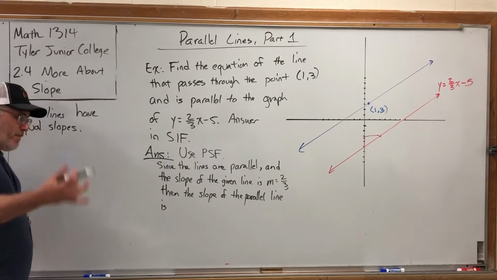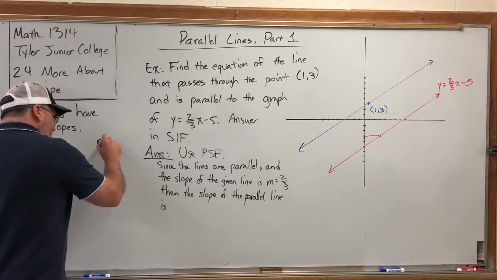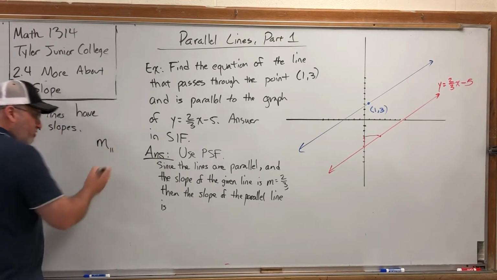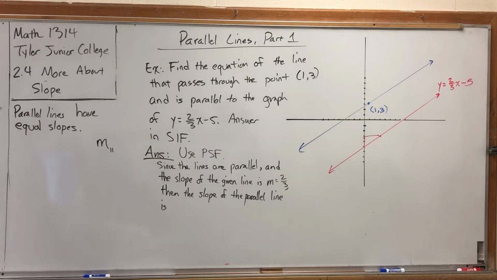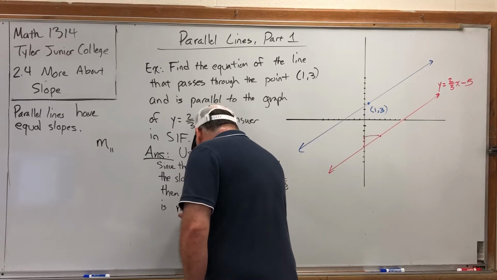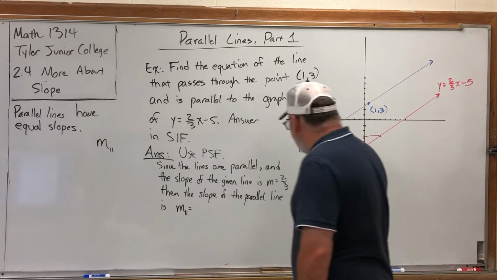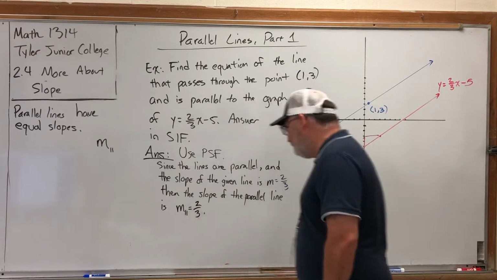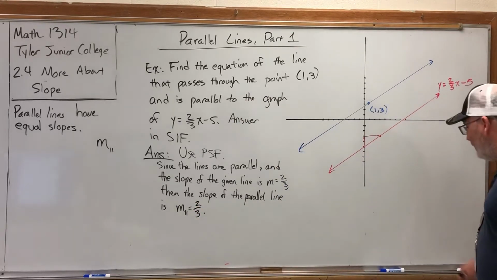To represent a parallel slope, I'm going to use the letter m, but I'm going to subscript it with the symbol for parallel, which is two vertical lines. So when I write m subscripted parallel, I'm just saying the parallel slope is the same as the original slope, which is 2/3.